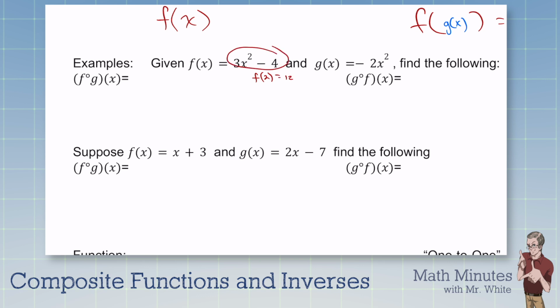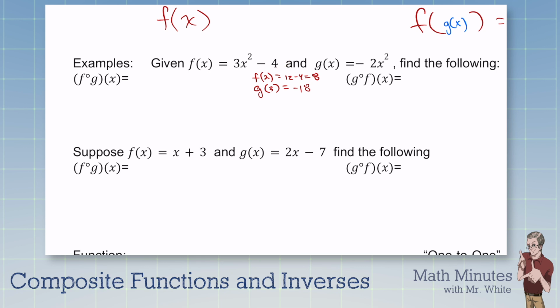That would be 12 minus 4, which is 8. However, if I were to tell you to find g of, let's say, 3, you would know to go over here and look over here, right? So if you put 3 into that, you're going to get negative 18. So that's why we give these names.